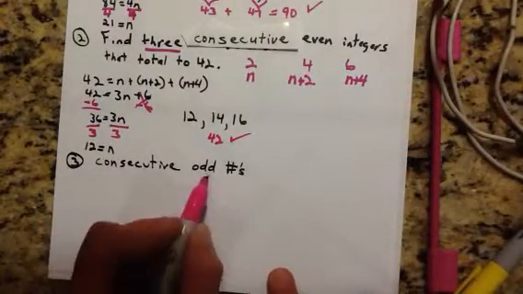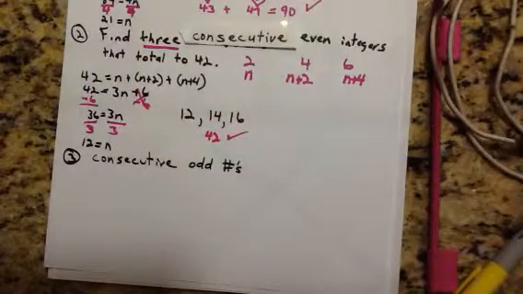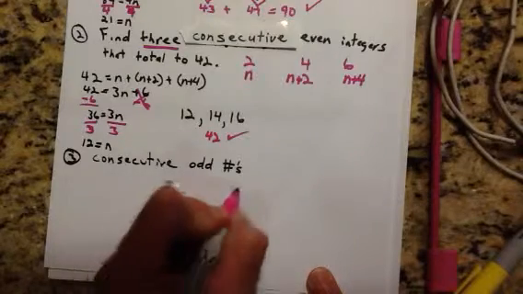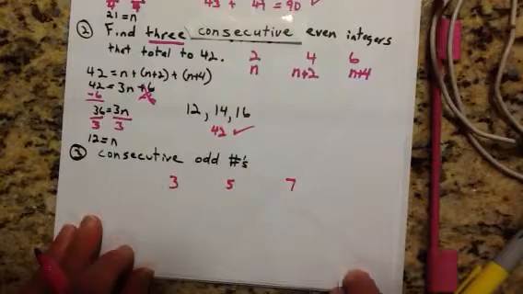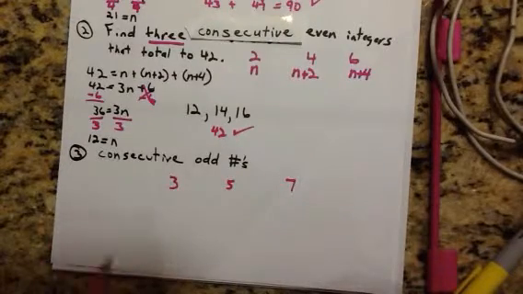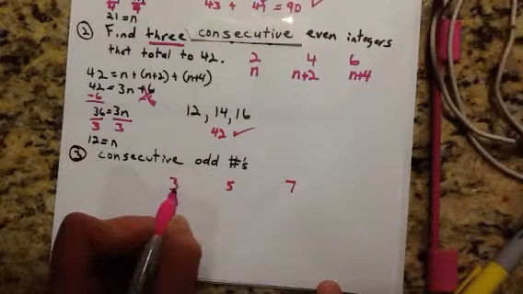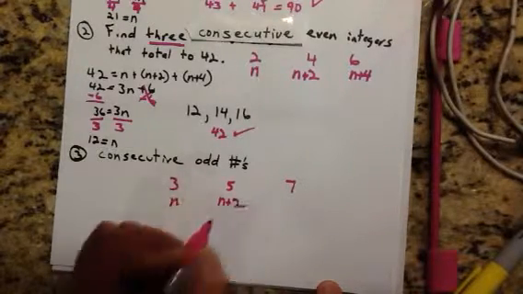Now I want you to notice something. When we deal with consecutive odd numbers, this was consecutive even numbers. Let's show 3, 5, and 7 as some simple odd numbers. I want you to notice if that's our first number, 5 is 2 more than 3, so it'd be n plus 2.